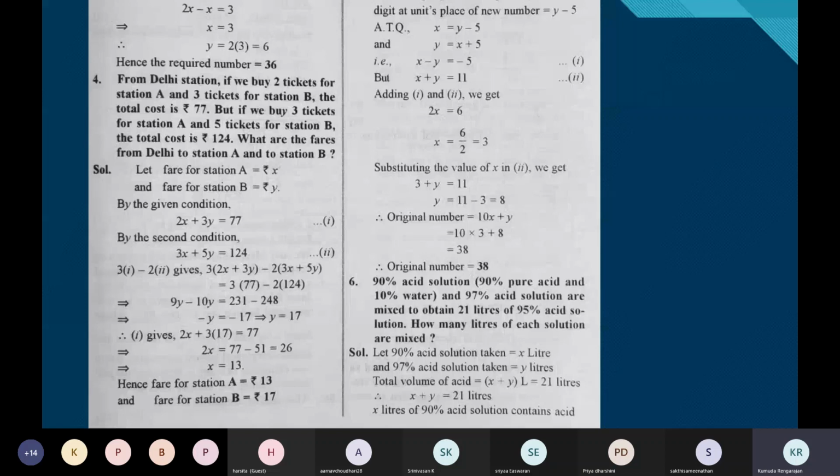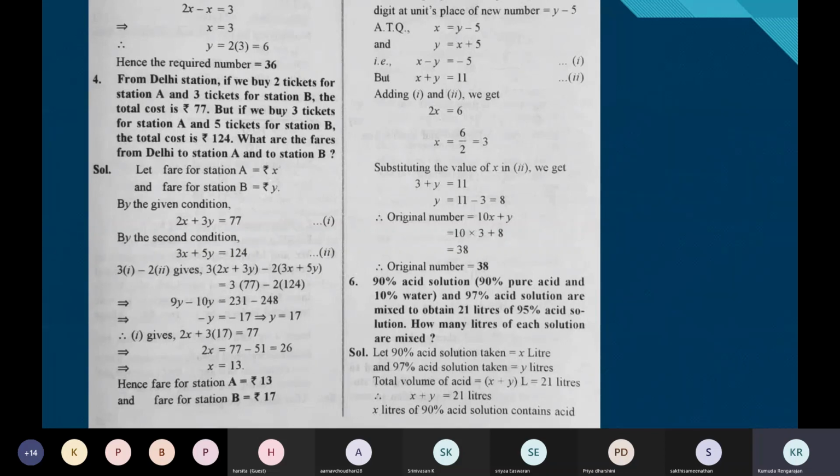We have taken X liters of the first solution. In X liters, there is acid and water. How much acid is there? 90 by 100 into X, 90% of X. Y liters also has both acid and water.